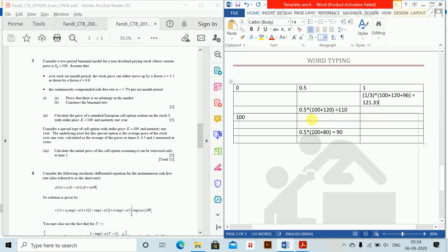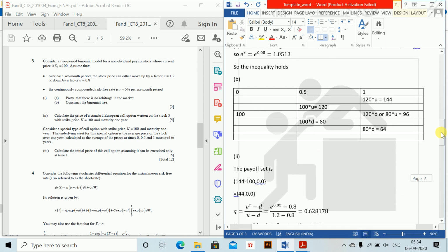Next, when I come down, this was equal to 1 by 3 into 100 plus 110 plus 120 plus the down value. We had this recombining tree, what was the down value equal to? 96.